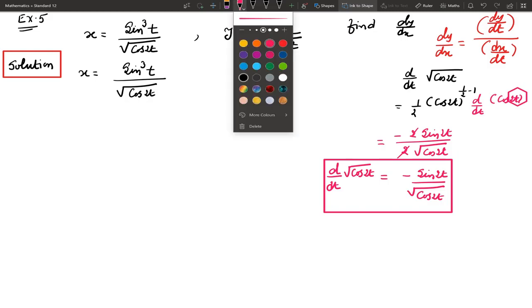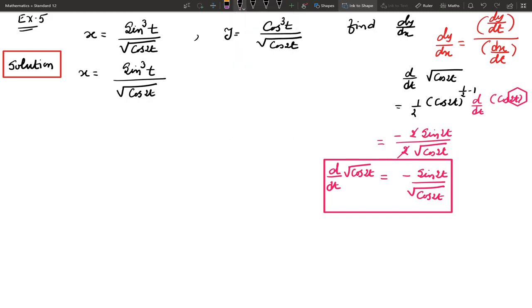So first we obtain dx by dt. We have to apply the division formula, u by v form: v into derivative of u minus u into derivative of v, upon v square.